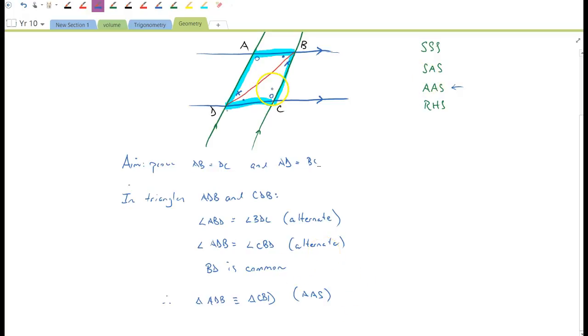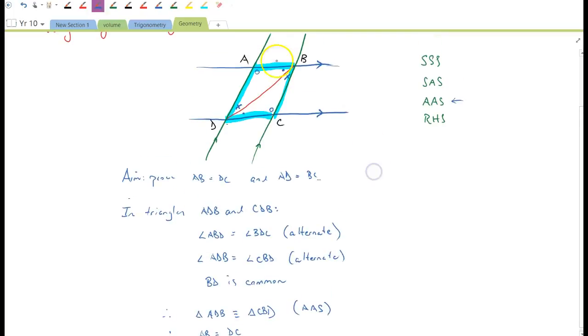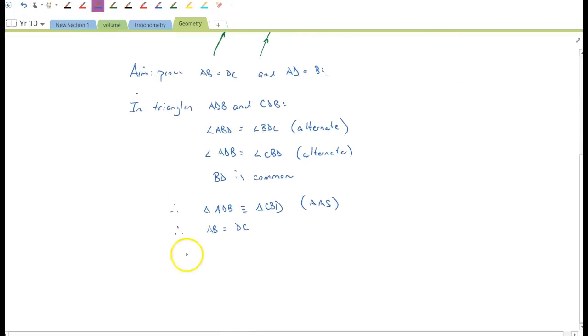AAS proves that these two are congruent, and therefore, now that I've proved that these two triangles are congruent, I can say that AB is equal to DC, because they're opposite sides, aren't they? In these congruent triangles, AB is opposite which angle? The X, as is DC. And I can also say, can't I, that AD, which is opposite the dot, is equal to BC.